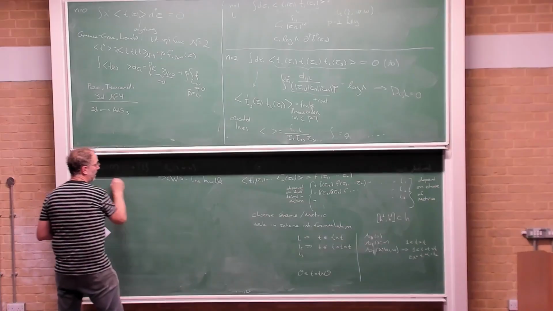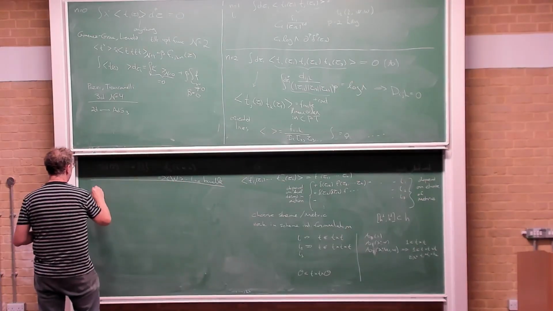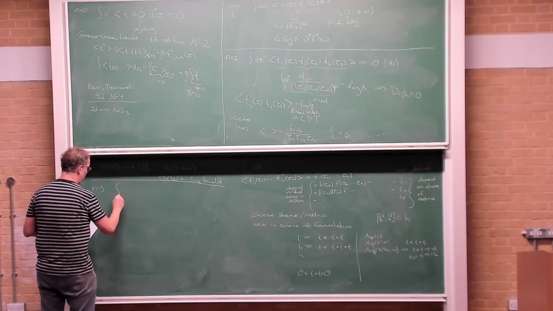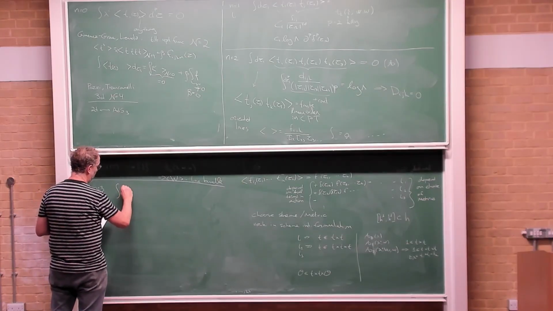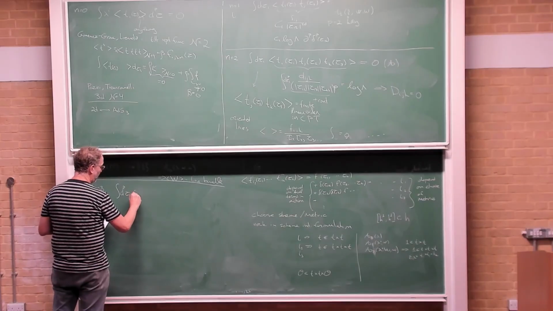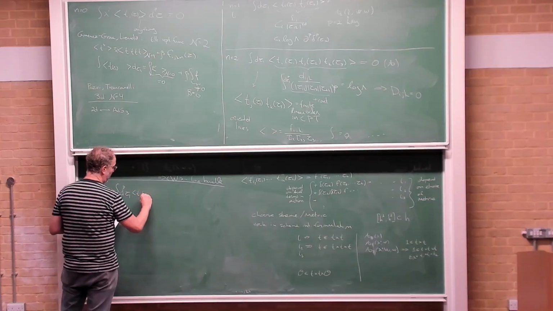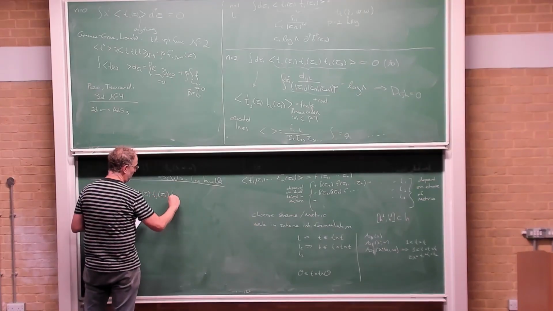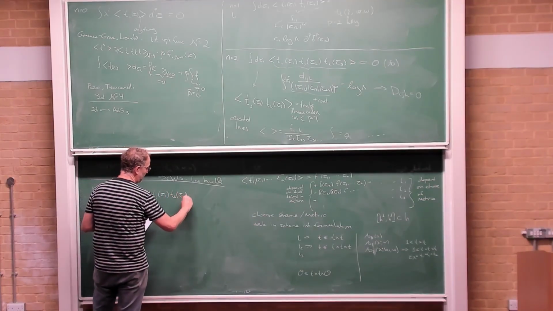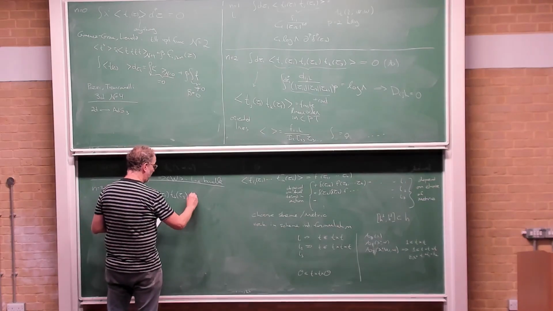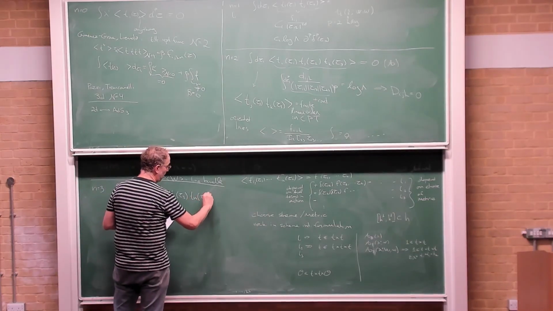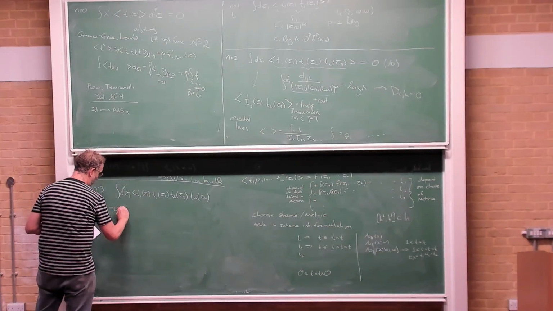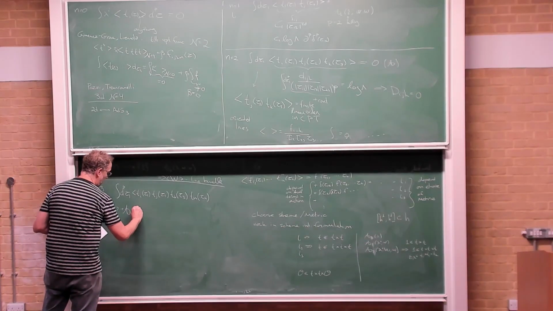So let me conclude with the n equals 3 example. So now we're going to have the integral d^p τ1 of t_i(τ1) t_j(τ2) t_k(τ3) t_m(τ4), and as usual this will be equal to 0 plus anomalies plus contact terms.